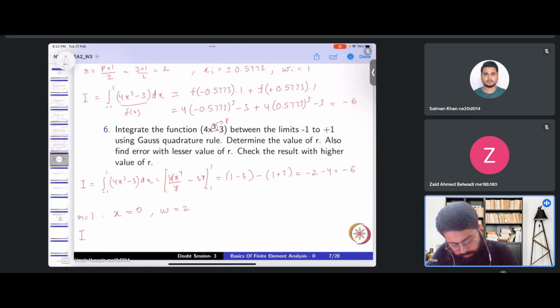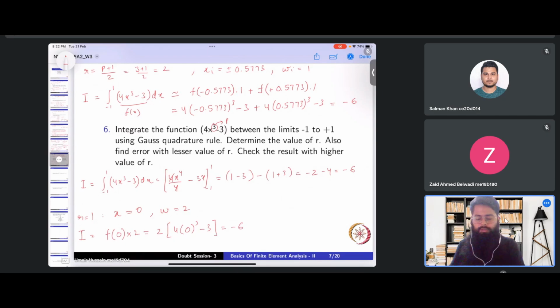So our integral becomes the value of this function at 0 times 2. We have 2 times 4 times 0 cube minus 3, which again gives us minus 6.